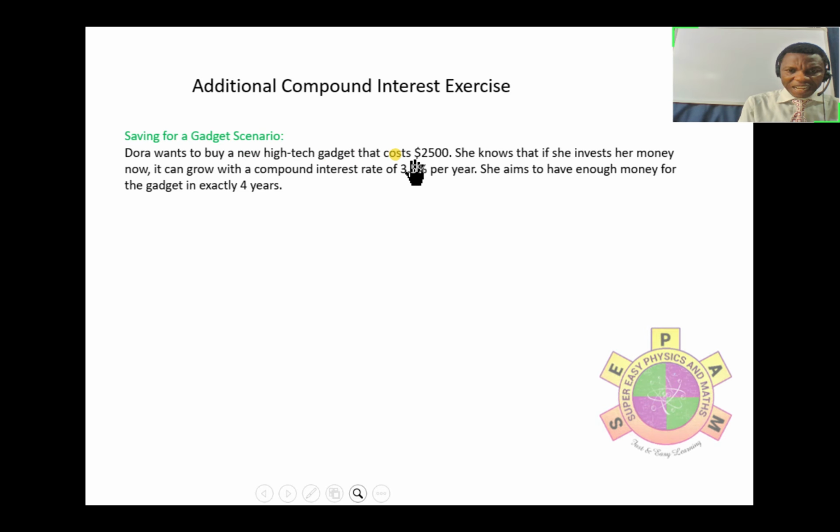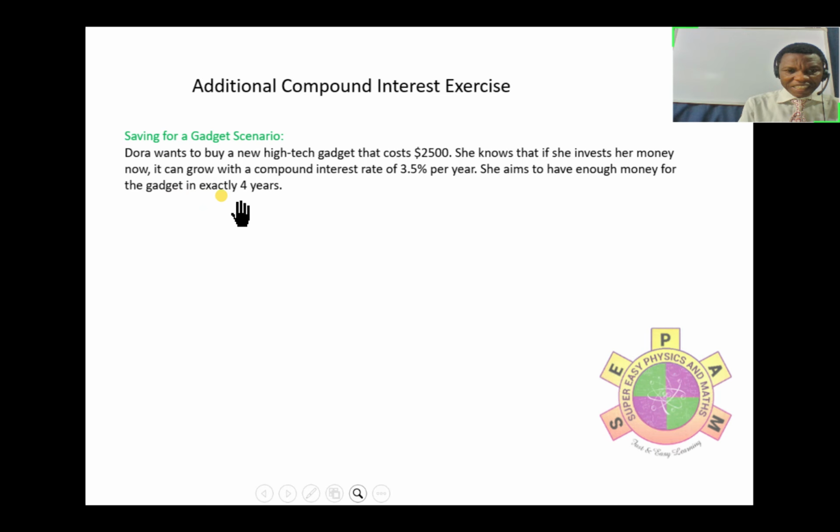Dora wants to buy a new high-tech gadget that costs $2,500. She knows that if she invests her money now, it can grow with a compound interest rate of 3.5% per year.